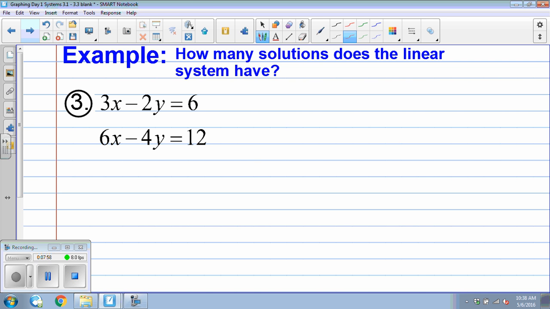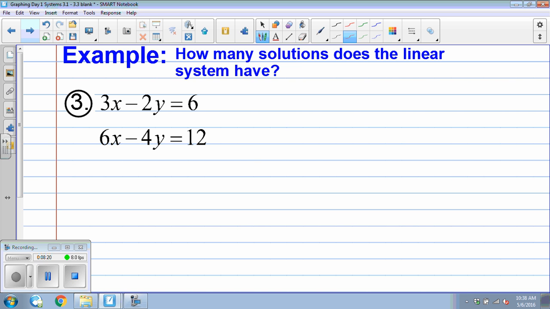It's infinite solutions, right? If they have a different slope, I don't care about the y-intercepts. If the slopes are different, they are guaranteed to cross in 1 point, because eventually they'll cross. Okay? And so take both of these, put them in slope-intercept form, and compare their slopes and y-intercepts.